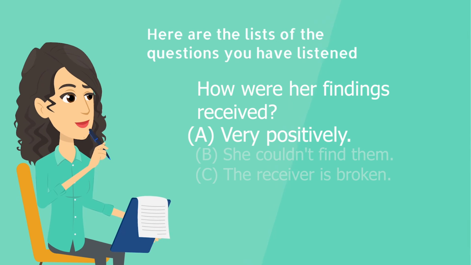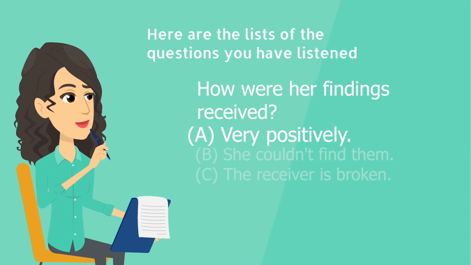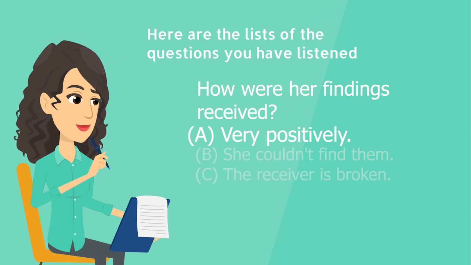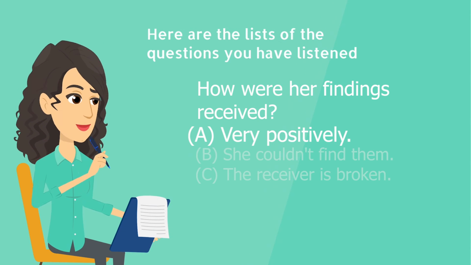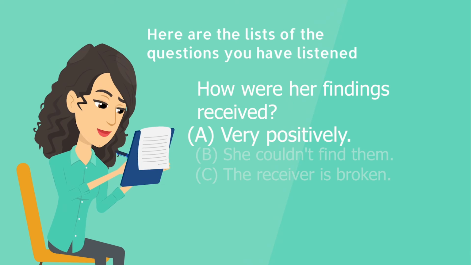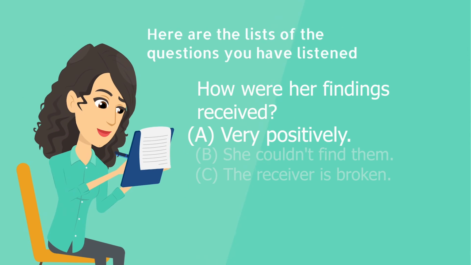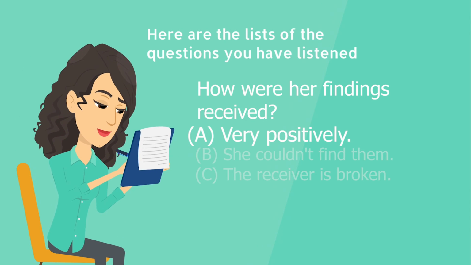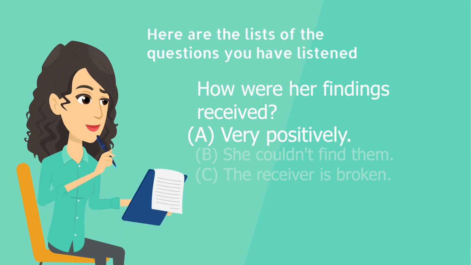Why B and C do not answer the question or can't be the best responses? First, in B, there is the word find that is also found in the question, findings. Then in C, there is receiver. Receiver is similar to received in the question.